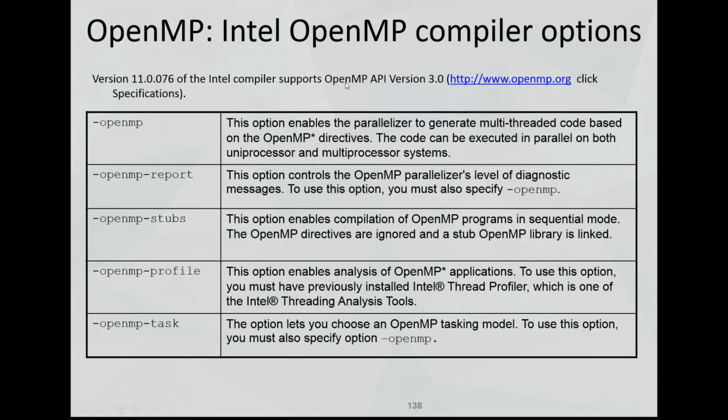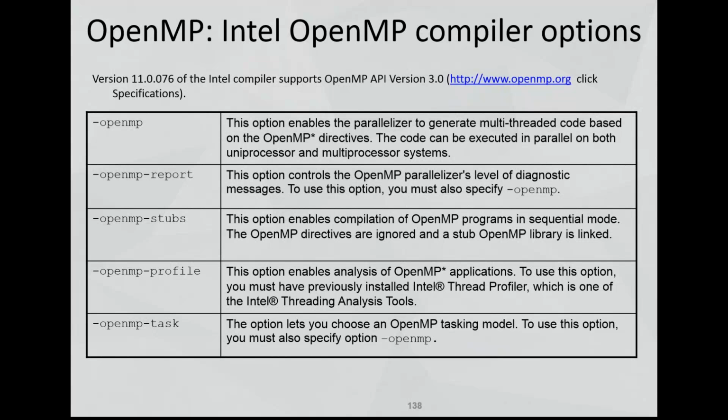So Intel compiler for OpenMP version 3, we have the -openmp option, which gives us the OpenMP directives, OpenMP report, etc. These that you see there, those 5 options, are not the complete list of OpenMP compiler options for the Intel compiler. If you do -openmp-lib, -openmp-link, or -openmp-threadprivate, you'll find more.